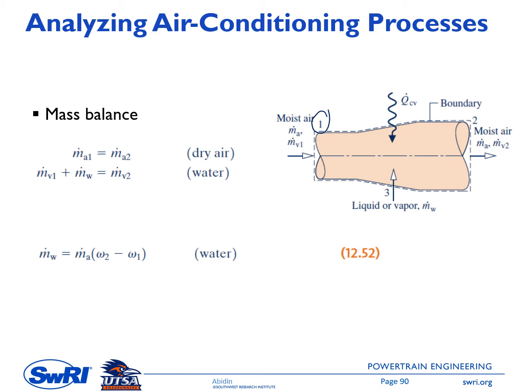and then in the middle of this system there is an entrance, through point number 3 here, either a liquid or vapor with a given mass flow, so m dot w, and then there is also a heat transfer Q dot cv here, and then at the exit at point 2 we have moist air with m_a, so the mass of the dry air stays the same, but the mass of the water vapor can change, so m_v2.